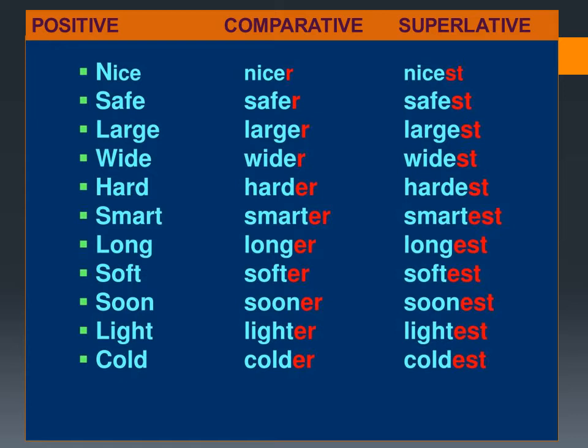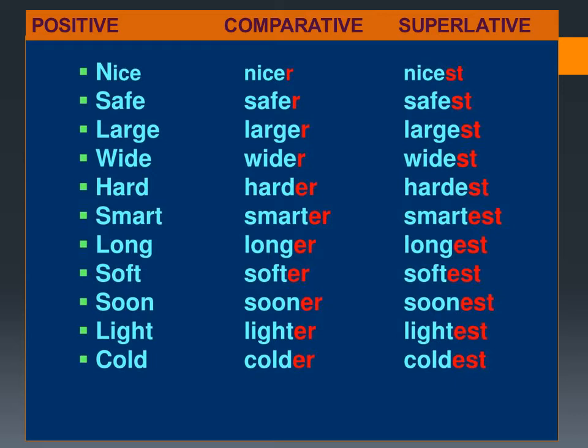Now, how is a superlative degree formed, children? To the positive degree word, that is, to the adjective, EST is added. Nice, nicest. Safe, safest. Large, largest. Wide, widest. Hard, hardest.